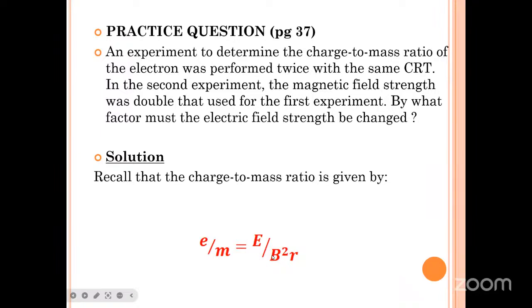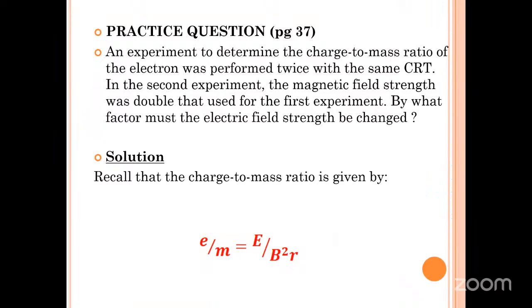That means instead of using B, they use 2B. Double is 2 times. If you double something, it is 2 times. So 2 times B, that is what they use. So instead of it to be B squared, it is going to be 2 times B all squared, because that's the new magnetic field strength.